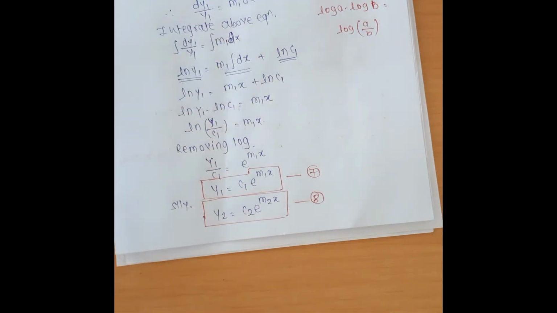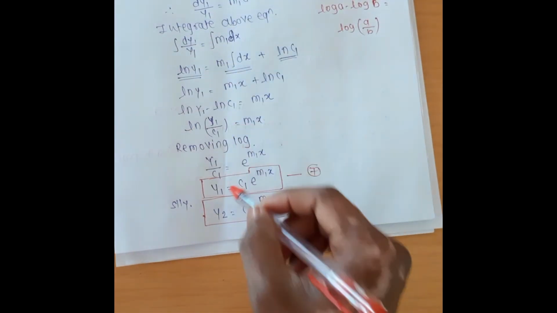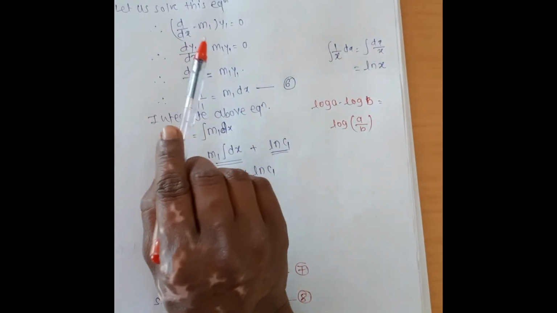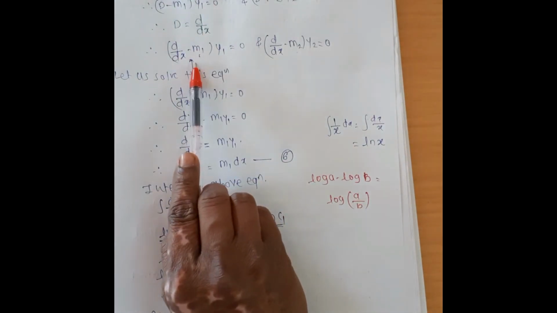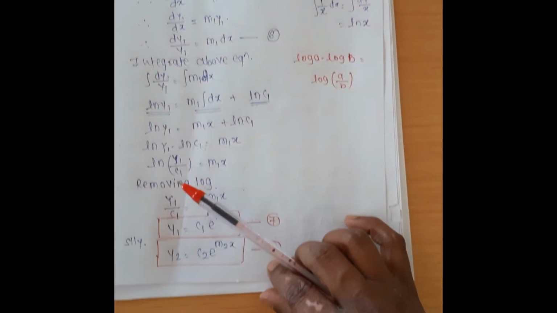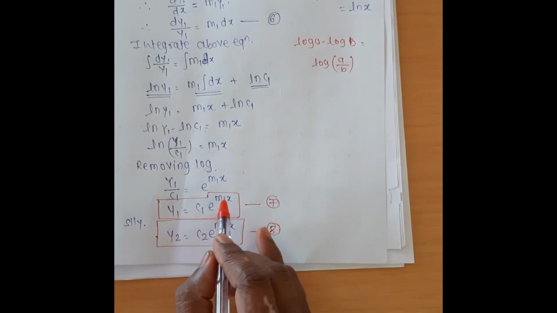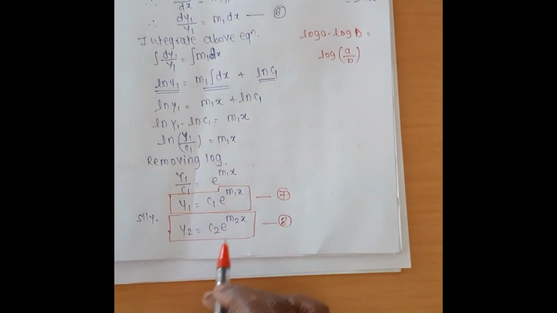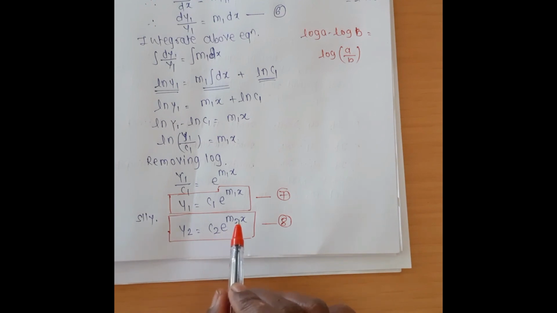This is equation number 8, because if we solve this equation in the same way, then instead of y1 we get y2, and instead of m1 we get m2. So we directly write the solution of this equation: y1 is equal to c1 e raised to m1x, and the solution of the other equation is y2 is equal to c2 e raised to m2 of x.